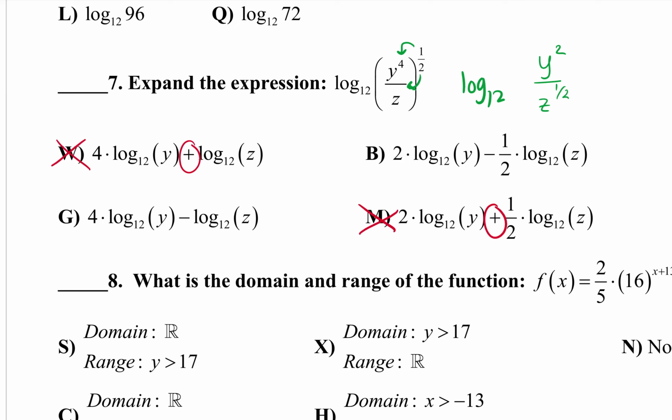Okay, I have to be subtracting, but then also look at my exponents. I have 2 and 1/2. Those numbers need to be in front. So I should have a 2 and a 1/2, not a 4. Okay, so that one's wrong. B is correct. And then of course, again, just because I can be sneaky, my bases are the same. That's correct. So it is B.